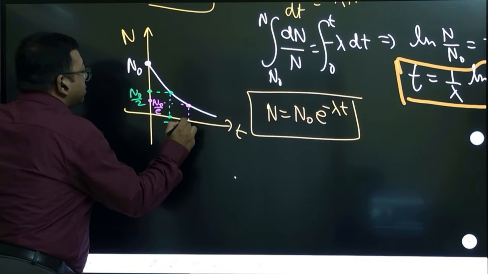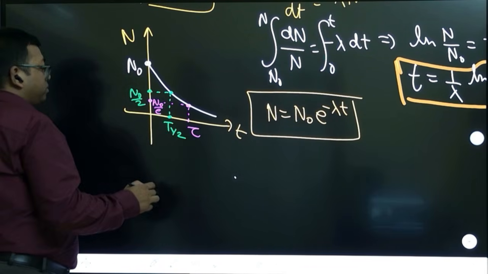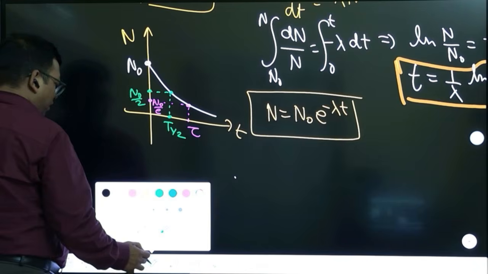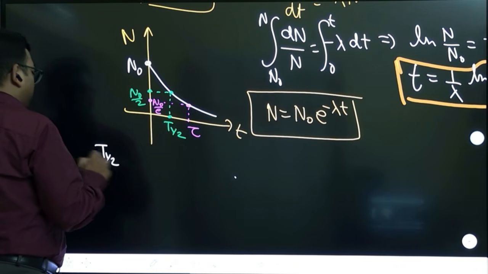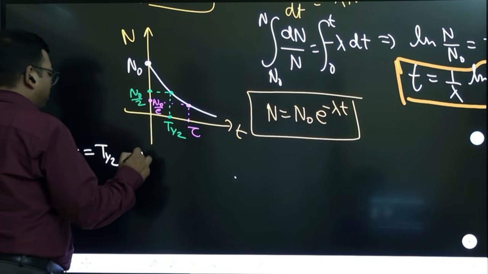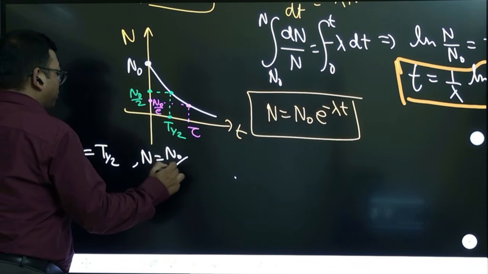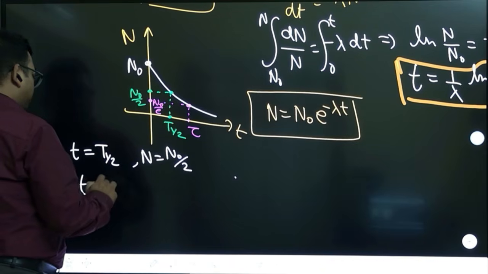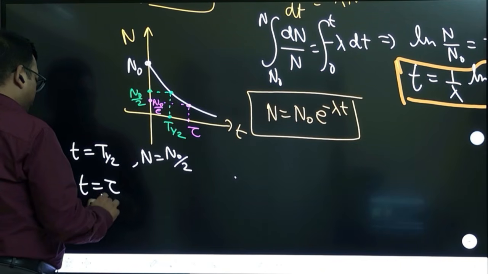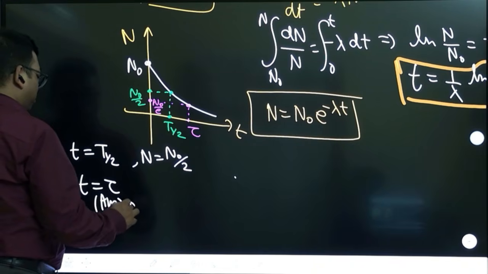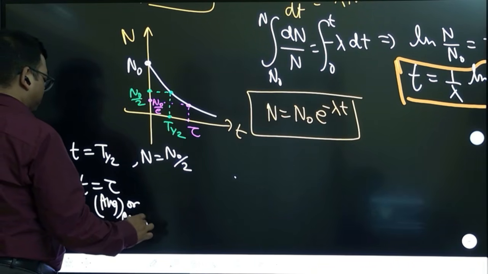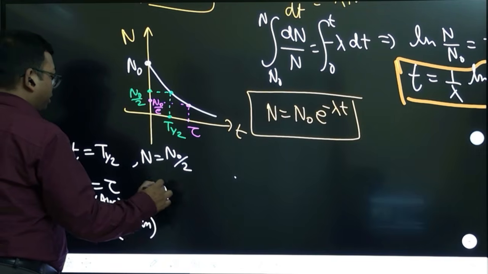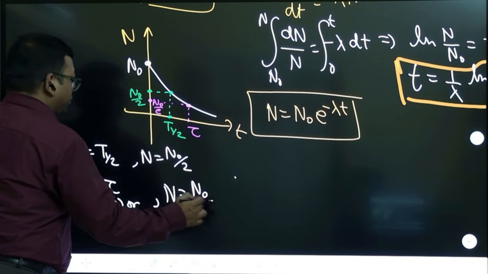This time we will call tau. So there are two times here. When time becomes t half, the number will become half. And when time becomes tau, which is called the average or mean time, the number becomes N naught by e.